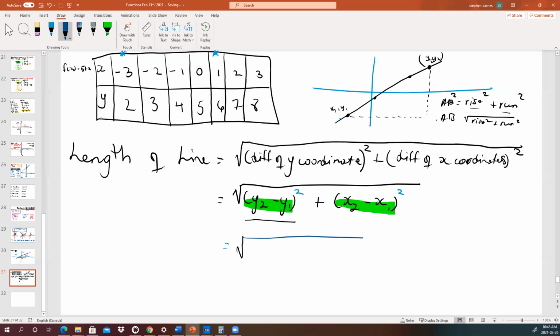Putting everything underneath the square root sign, you have y2, which is 6, minus y1, which is 2, that is squared, plus x2, which is this one here, 1, minus x1, which is -3, squared. So 6 minus 2 is 4 squared, plus 1 plus 3 is 4 squared.